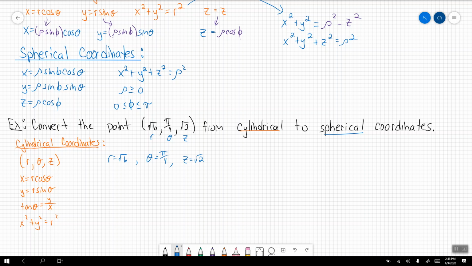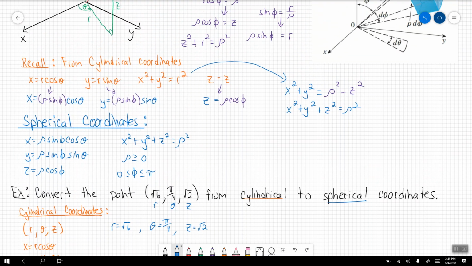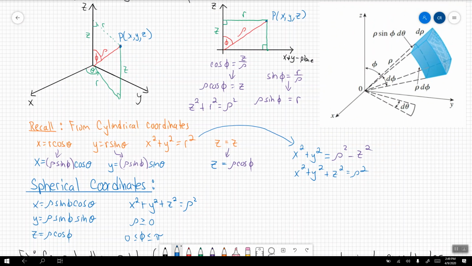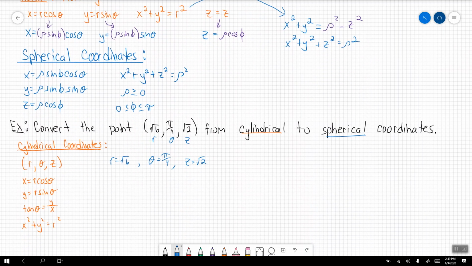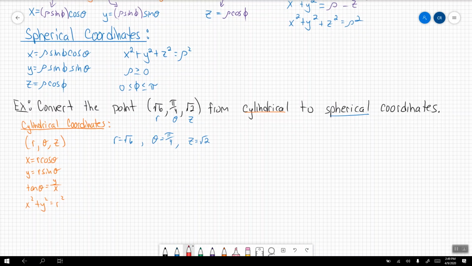Nice. Now, if you remember, from cylindrical to spherical, theta doesn't change. Theta is the exact same theta that we're initially observing. So theta's already given to us. We don't need another theta. That means we're done, for theta at least. Now, we need to find phi, and we need to find rho.